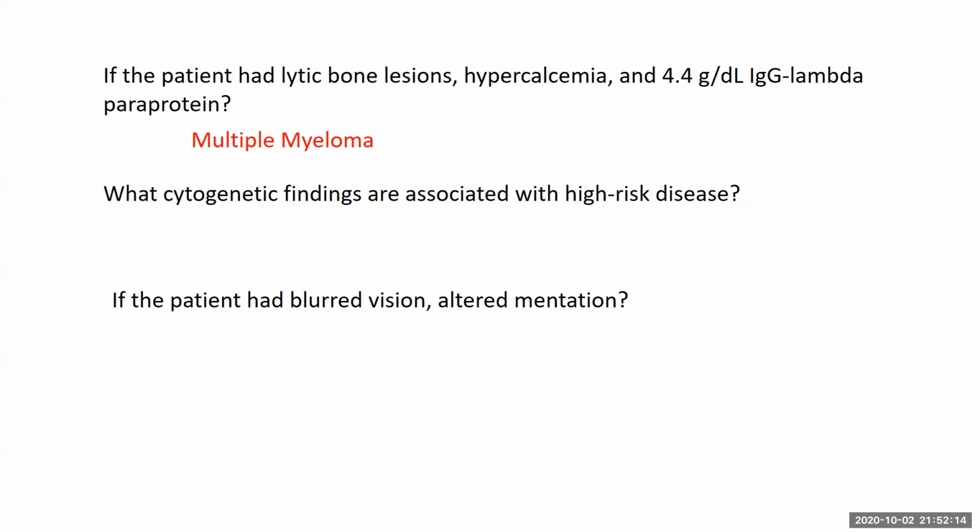What are some of the cytogenetic findings that are considered high risk? So once again, we see deletion 17p and then translocation 14;16 with the IGH locus as well as 14;20.